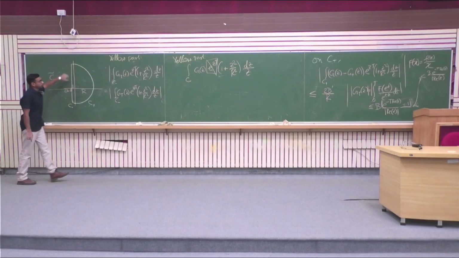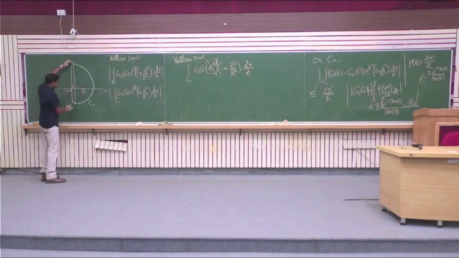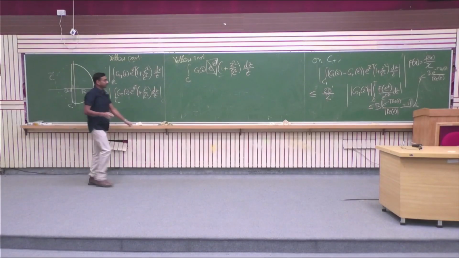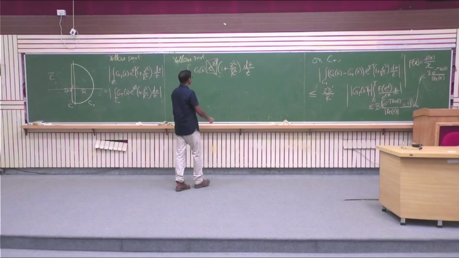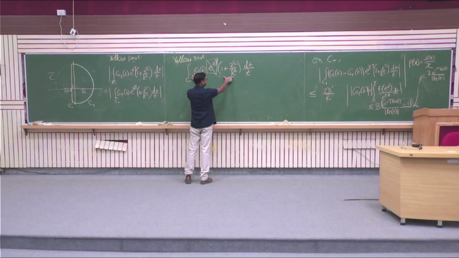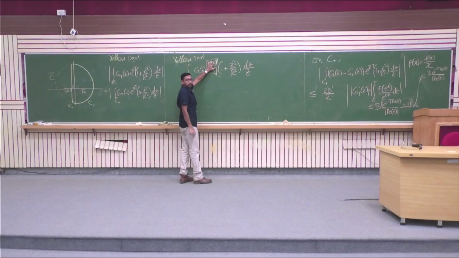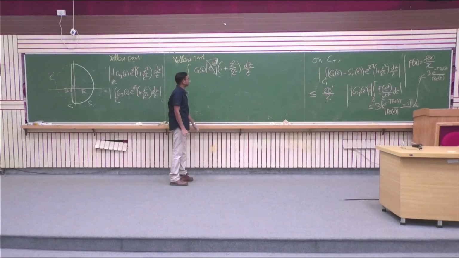So both are analytic. Actually, it's a continuous function on a compact set. So what do you know about that? It's bounded, right? If you consider it without this one, this remains bounded.